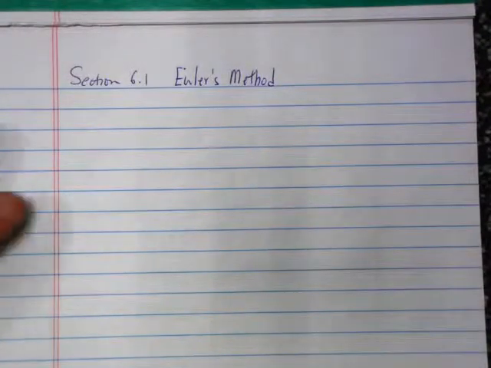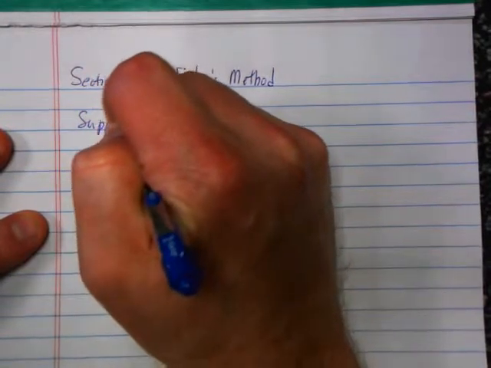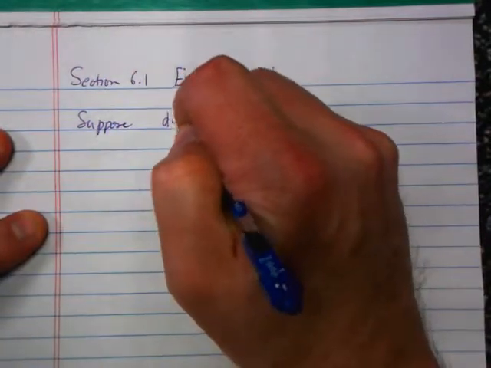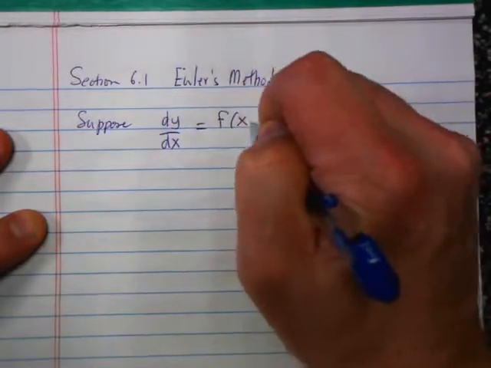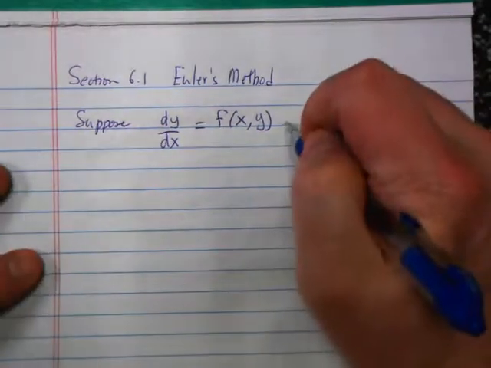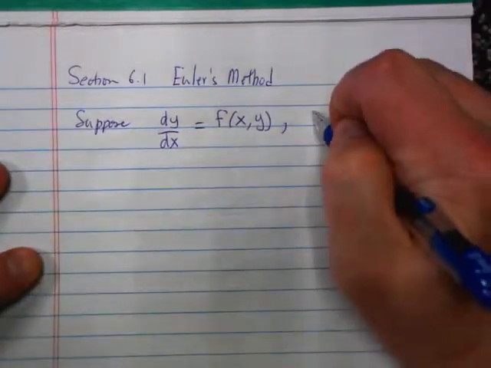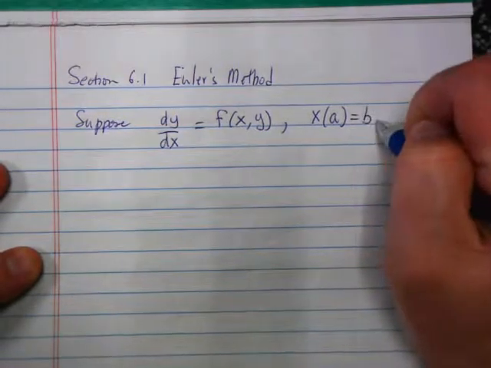Section 6.1. Suppose dy/dx is some function containing both x and y, and you're given an initial condition, x at a equals b.